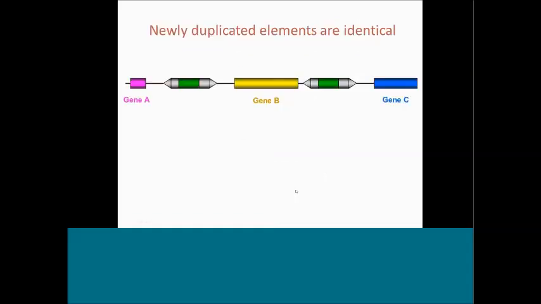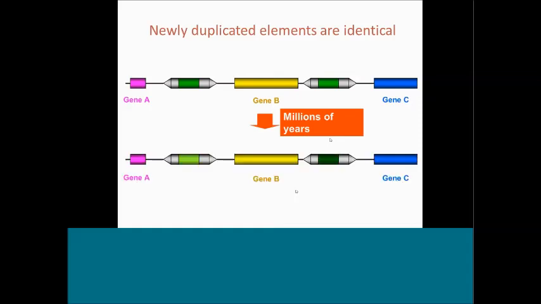When one element jumps to another place and forms a new copy, these two copies are identical. After they're sitting there for millions of years, mutations will accumulate, and then you can see these two elements become less similar. So that's why I say the definition of family or subfamily is very arbitrary.